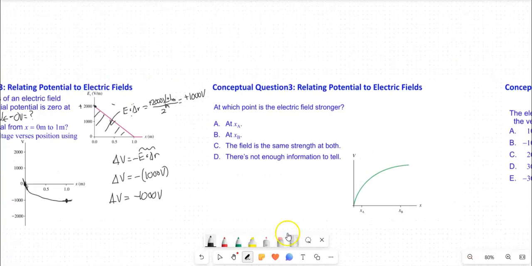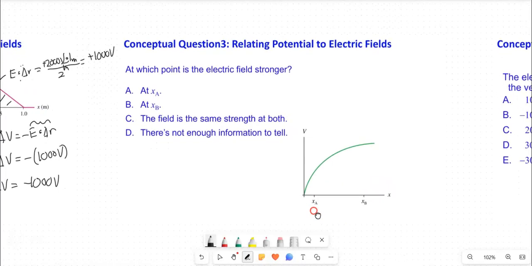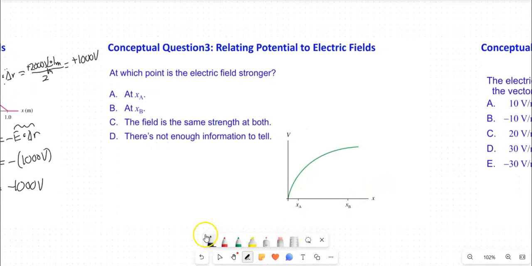Let's do the next one, and then we'll be done. Here we go. We have a voltage versus distance graph, and we have a position here, XA, and XB is right there. They want to know at which point the electric field is stronger.